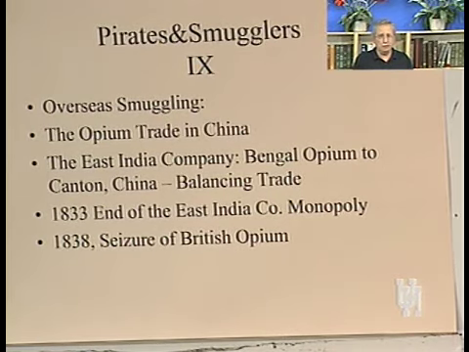American merchants were involved in this too, particularly merchants from the East Coast, New England and so forth. They were involved in this trade for the same reason, that it gave them a ready opportunity to sell a product in China and then purchase porcelains and other such products from the Chinese. So we now have a more widely distributed smuggling trade in opium as a result of the end of the monopoly of the British East India Company.